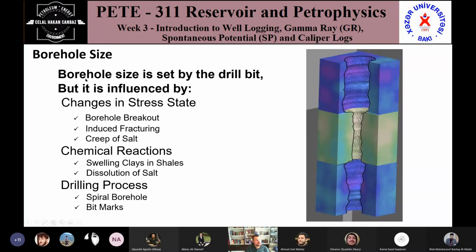What we said: borehole size is set by the drilling bit, but it is influenced by change in the stress state. What's the stress state we mentioned in here? For example, let's say this is shale, and this is hydrocarbon zone sandstone, right?